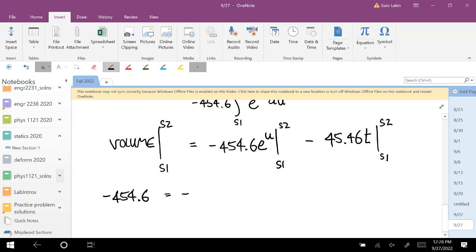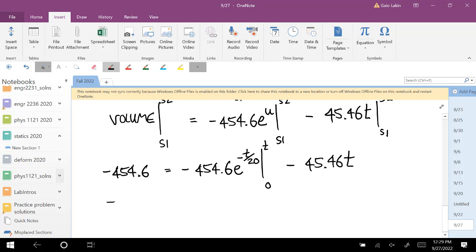I'm going to rewrite this as 454.6 e to the negative t over 20. And this is evaluated from time equals 0 to time t. Minus 45.46 evaluated from time equals 0 to t, so I can just leave that as t.